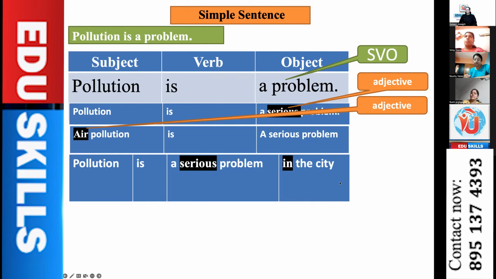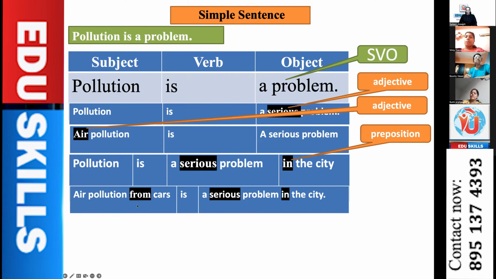You can add a preposition, so it becomes even longer. There is a preposition, in the city, and it says where it is. And air pollution from cars, you can add another preposition, from cars. You see, air pollution from cars is a serious problem in the city. So you have 2 prepositions and an adjective in the sentence. Still, it remains a simple sentence.